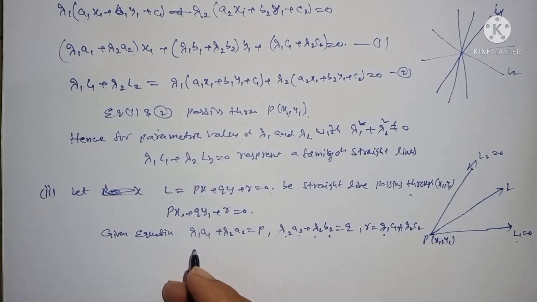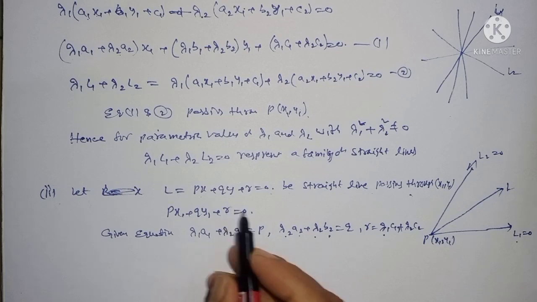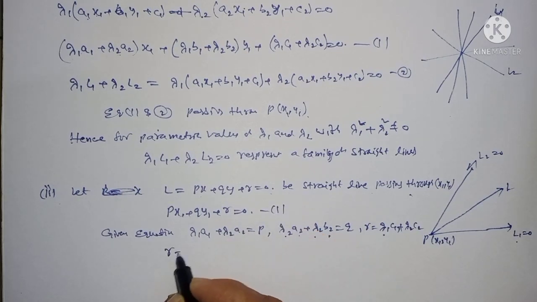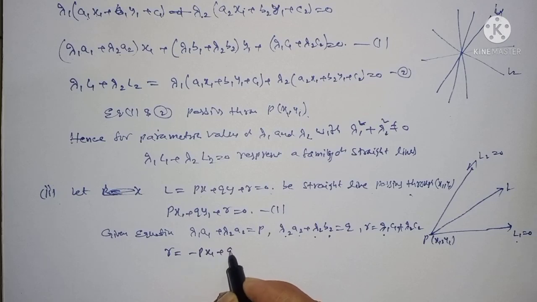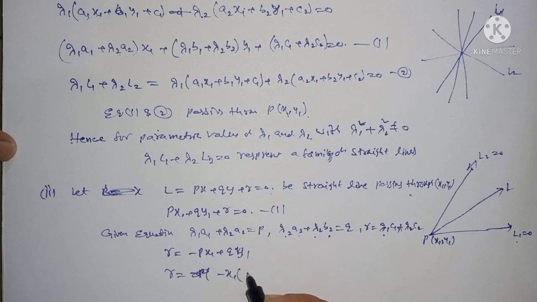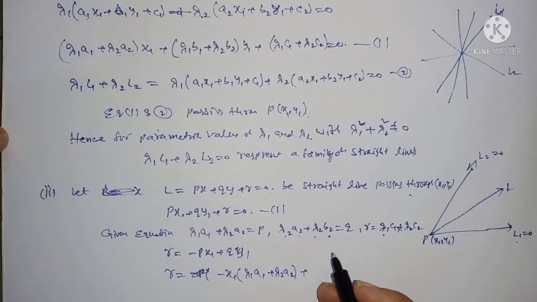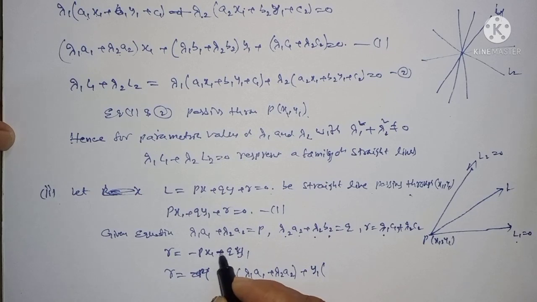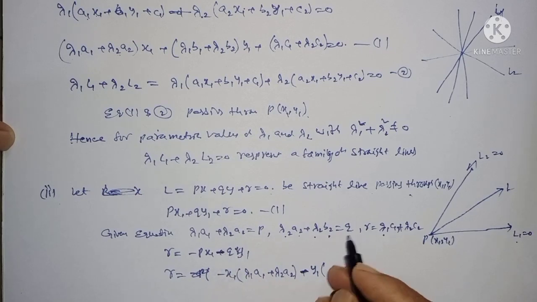Family of the straight line, how can we write here? r is equal to minus p x1 minus q y1. Therefore r is equal to minus x1 into p, how much is it? Lambda 1 a1 plus lambda 2 a2, plus y1 into q, this is also minus, minus y1 into q, is nothing but lambda 1 b1 plus lambda 2 b2.